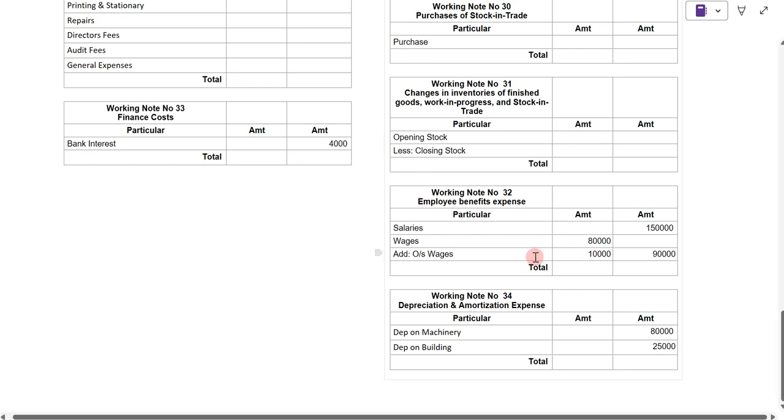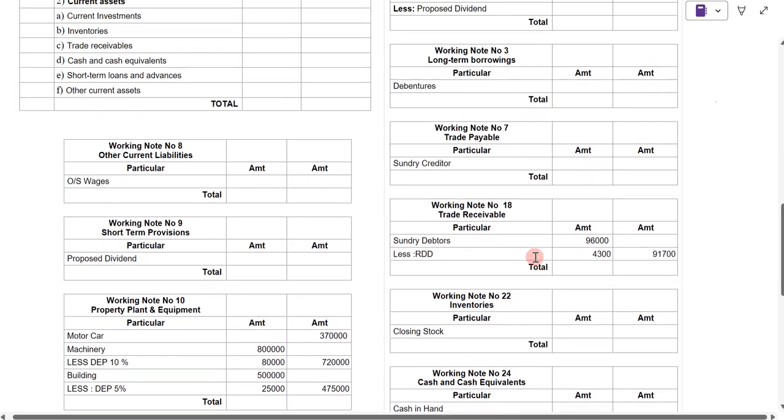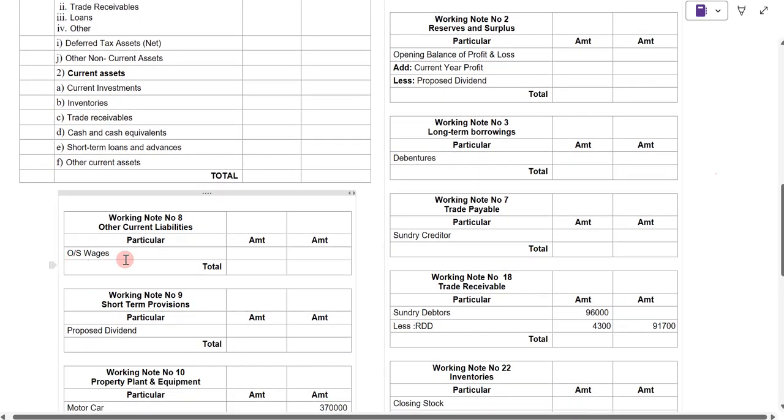The second effect we have to give in note number 8, that is other current liabilities. So outstanding wages, outstanding salary, the second effect will come in other current liabilities. Other current liabilities, outstanding wages, that is 10,000.